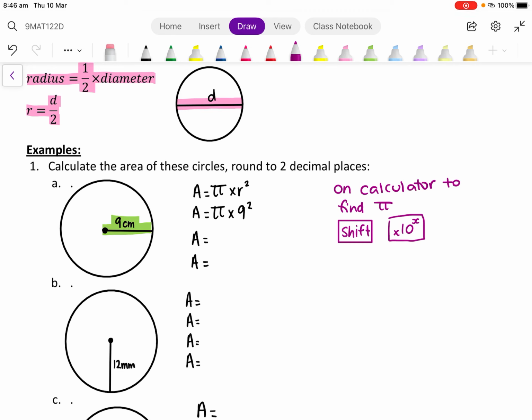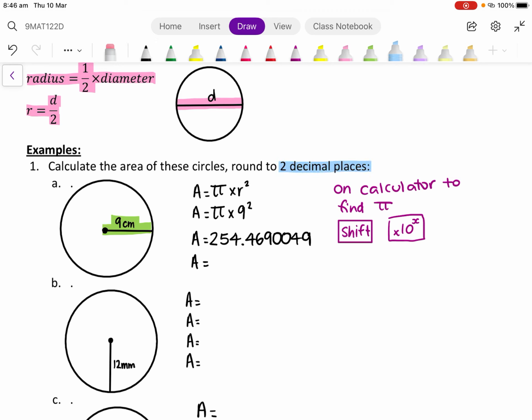Okay, then once we have pi, we go times 9 squared on our calculator and we write down our whole answer. So we get 254.4690049.